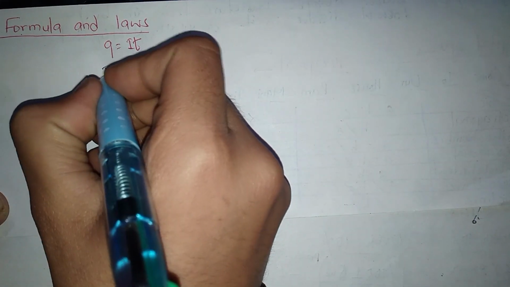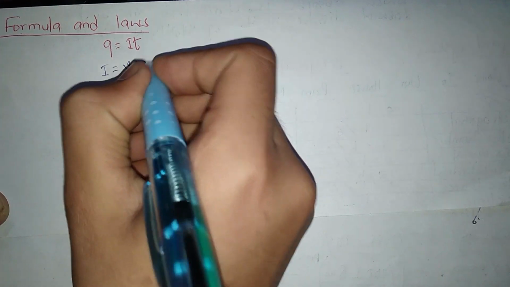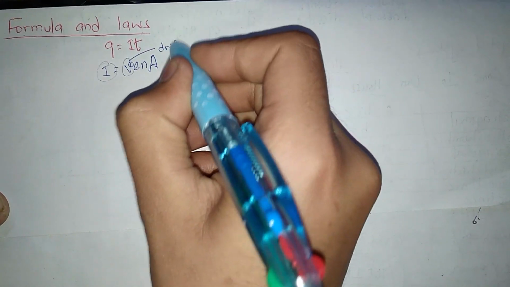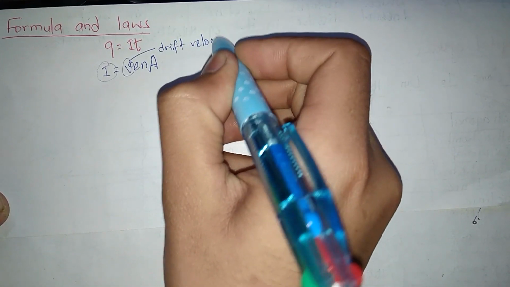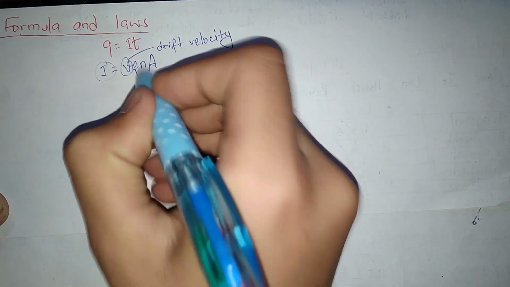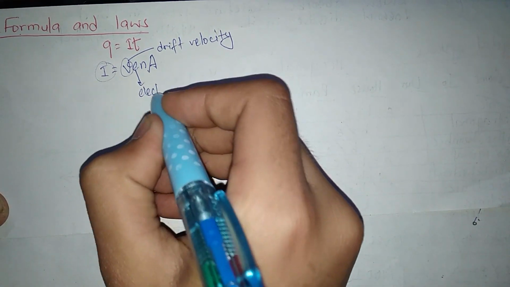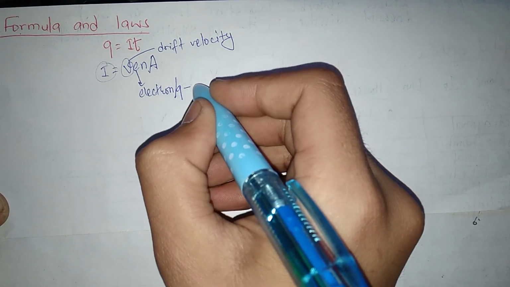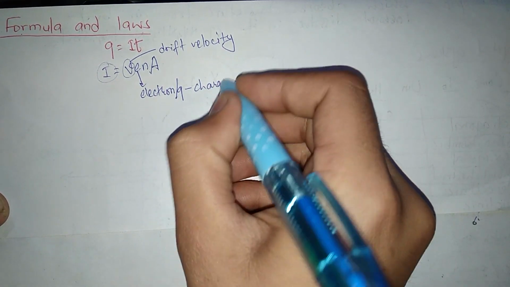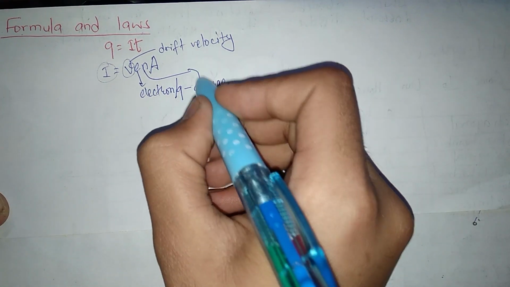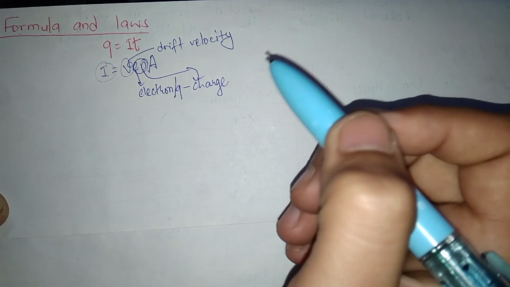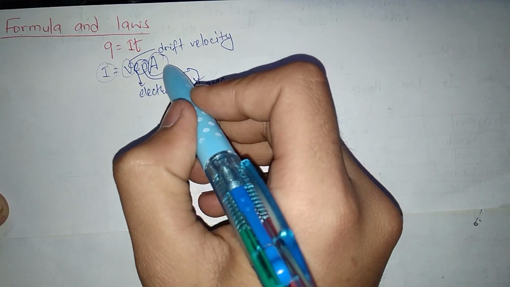Then the other formula is I is equal to v n e A, which means I, current, is equal to drift velocity times n, e, and A. E means charge of the electron, or we can write q also if we have to put the value of charge. N means number of electrons.